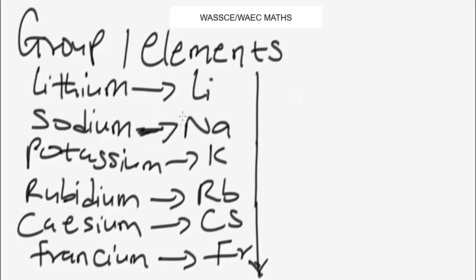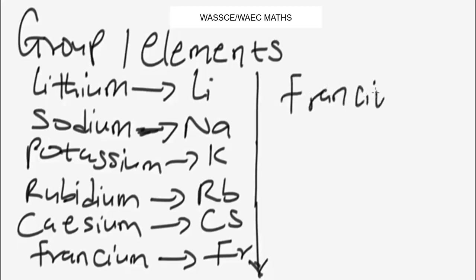These elements are metals, and group 1 elements are the most reactive, with reactivity increasing down the group.